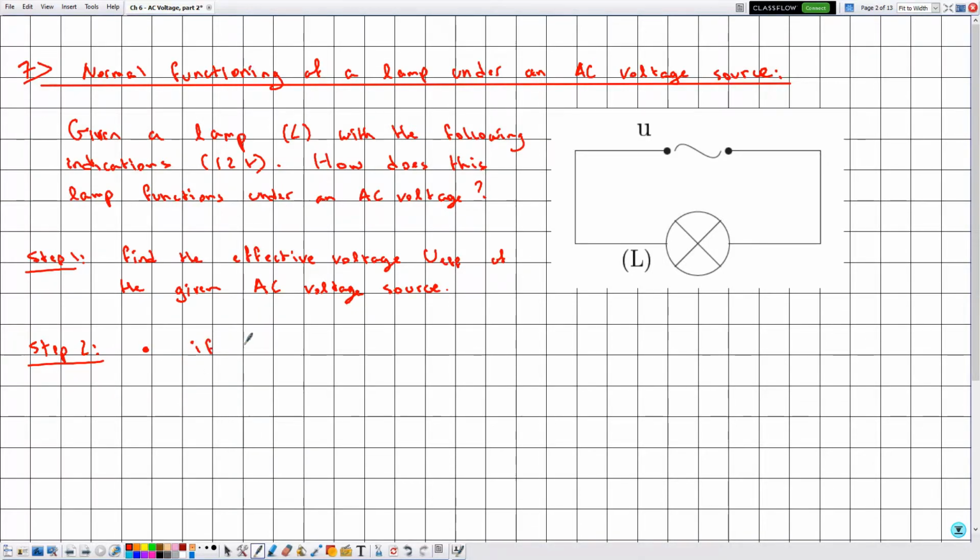If the effective voltage is less than the rated voltage of the lamp, then the lamp L in this case, as we have seen previously, may not function or function weakly.